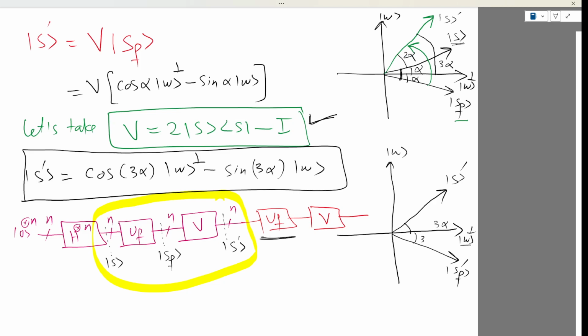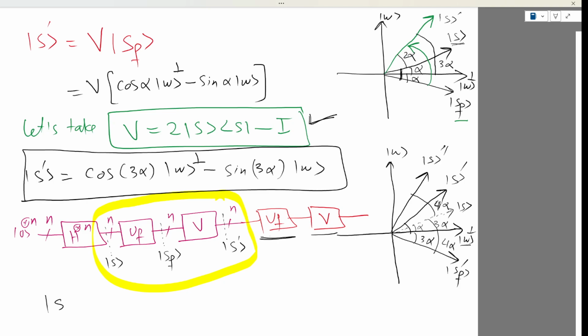This is again 3 alpha, and then when we apply V, this V is always going to reflect around this state S. Since this angle was alpha and this angle is 4 alpha, after reflection our new state, let's call it S double prime, is going to make angle 4 alpha over here. So the total angle with this omega perpendicular would be 5 alpha. So alpha is the angle of the S state, and 4 alpha is the angle of our new state S double prime with S.